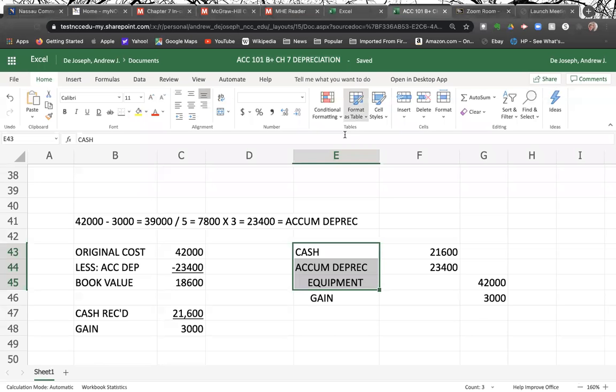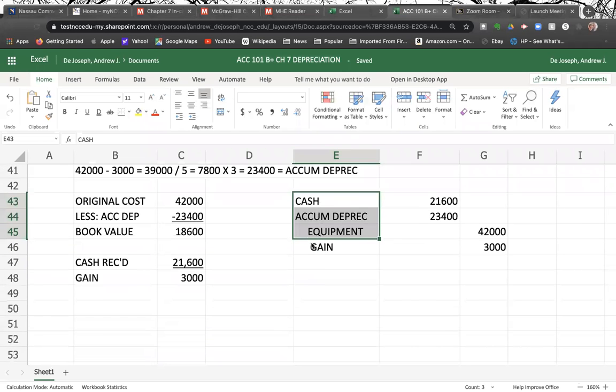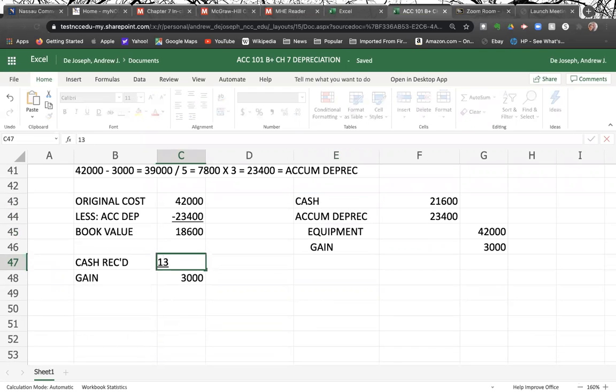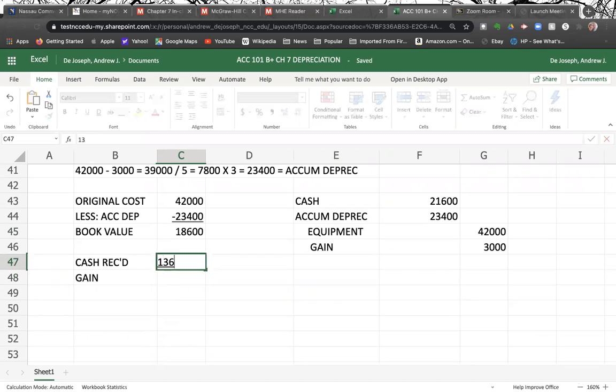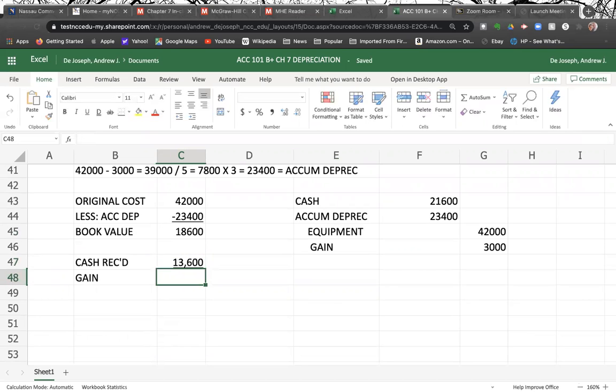So if we go back to our example and leave everything the same except this: something that was worth $18,600 to us, we sold for $13,600.